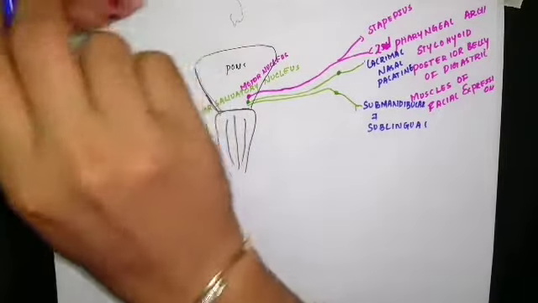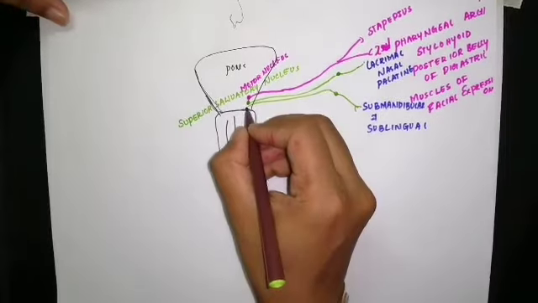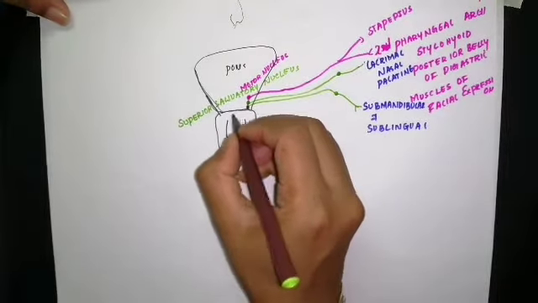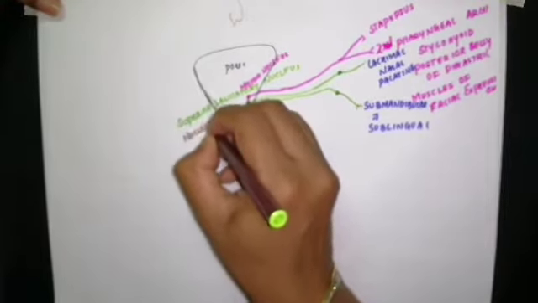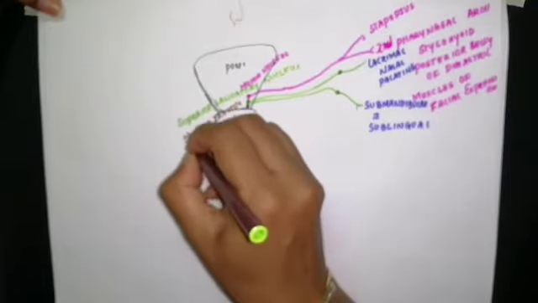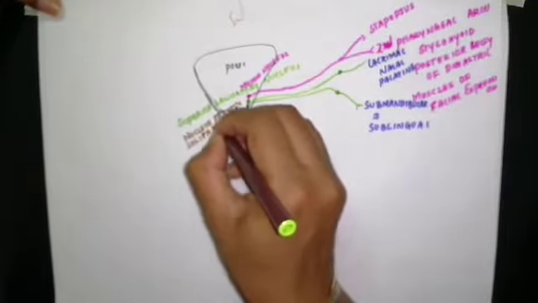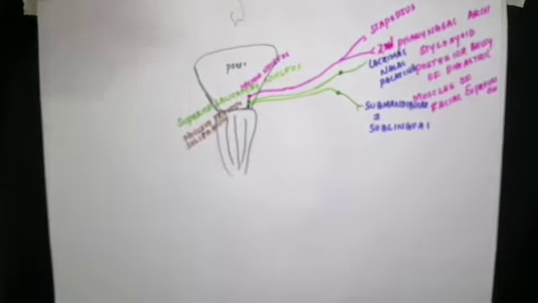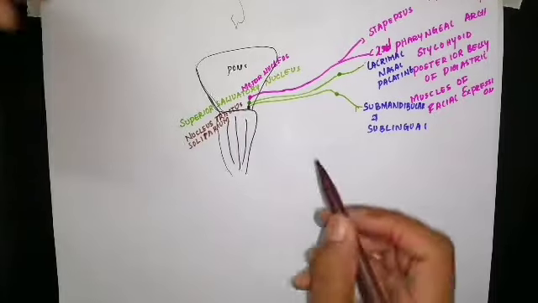And the next nucleus, which is located in the lower part, is known as the nucleus tractus solitarius. Actually, this is a sensory nucleus.